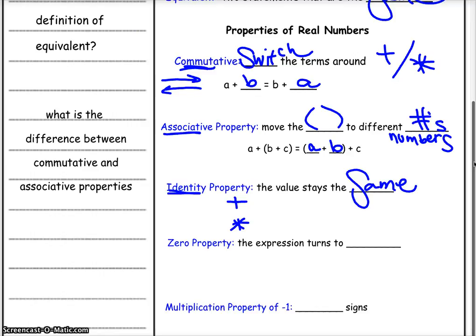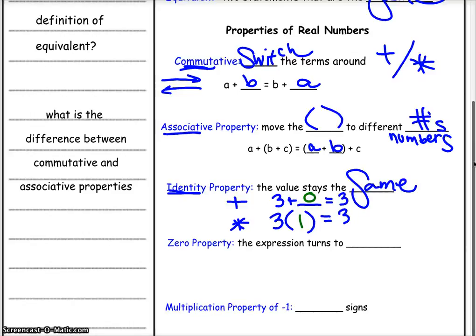To stay the same for addition, what do I need to add to something to stay the same? 0. So the identity property of addition is adding 0. For multiplication, what do I need to multiply something to stay the same? 1. Okay? So it only works for addition, multiplication.